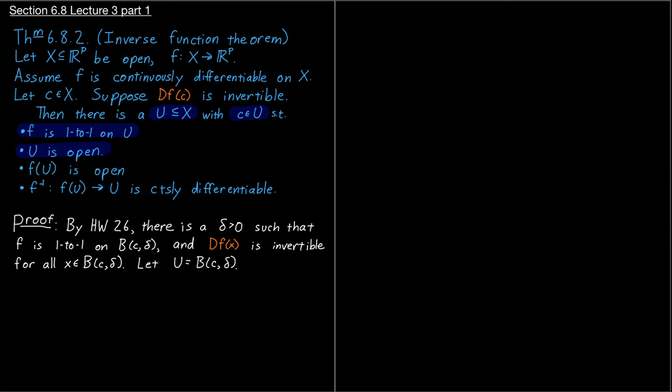So by the lemma in lecture 6.8.2, yeah, that was most of that lecture, parts 2 through 4, we have that if omega is an open subset of U, then since df of x is invertible everywhere in omega, f of omega is open.